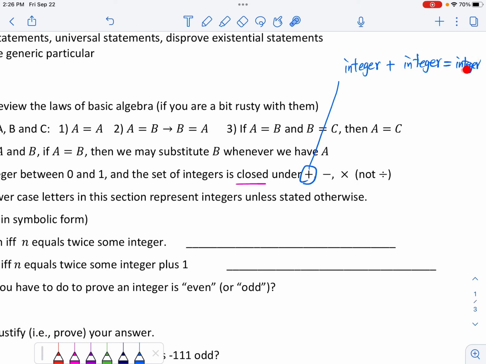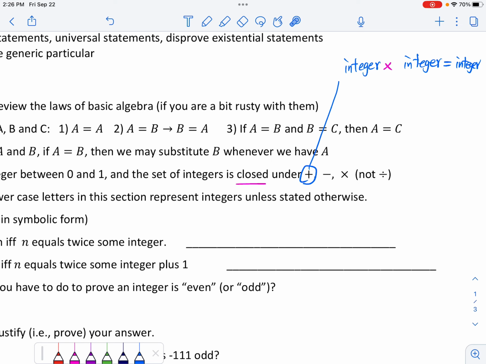So integer plus integer gives an integer. Similarly, integers are closed under subtraction: integer minus integer is still an integer. And closed under multiplication means integer times integer gives an integer.